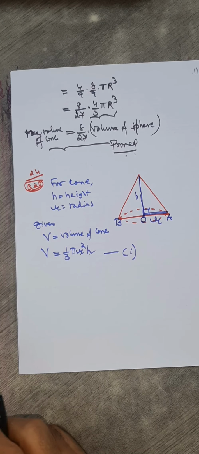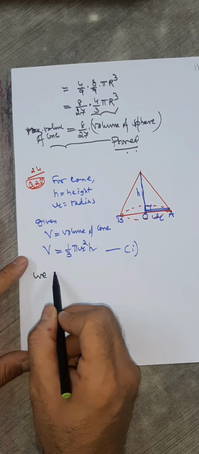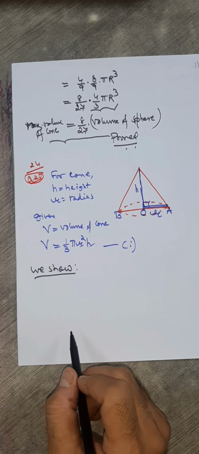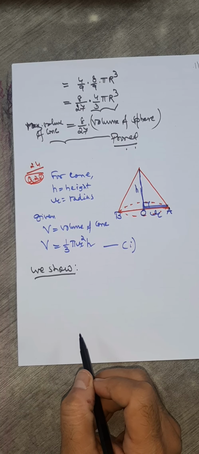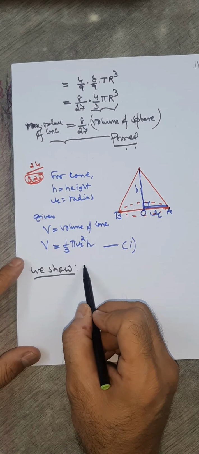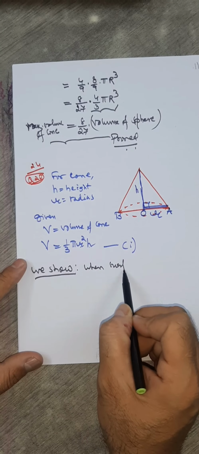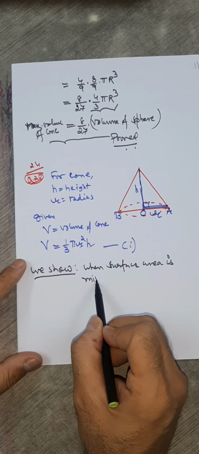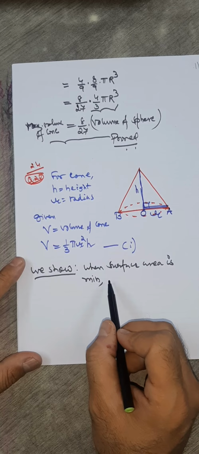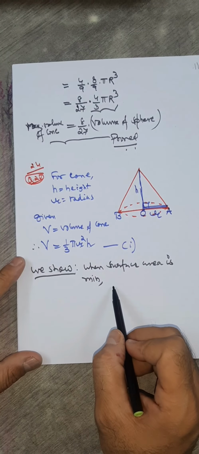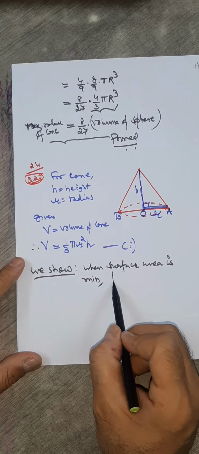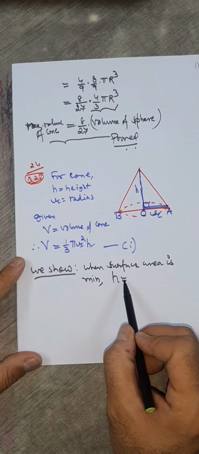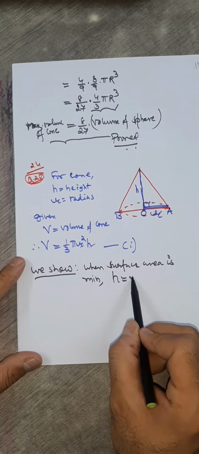Now what you want to prove, I'll write here. We are asked to show, so you can understand at least what we are asked to show: that the right circular cone of least curved surface area, that is, when the surface area is minimum for the cone, and given volume, has an altitude h equal to root 2 times the base radius.